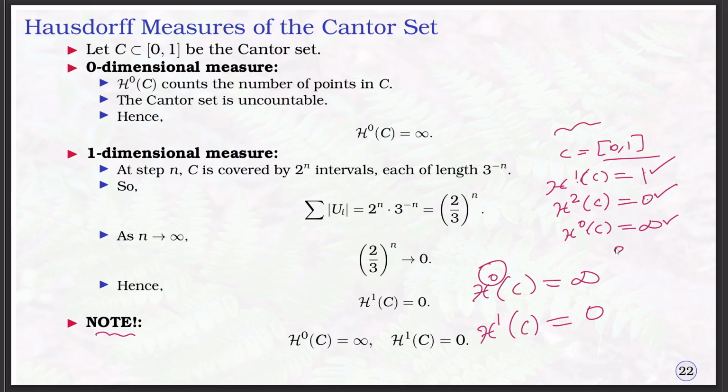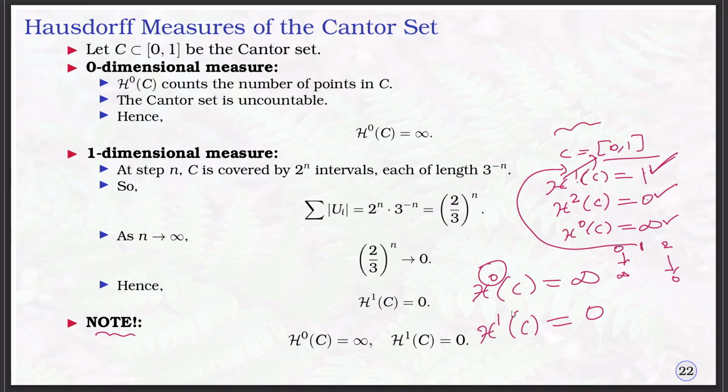That means from 0 it goes to infinity, and at 2 it goes to 0. In between 0 and 2 there is the integer number 1 which we associate with this Hausdorff measure, which is the finite value of this interval, that we can call the length of the interval.